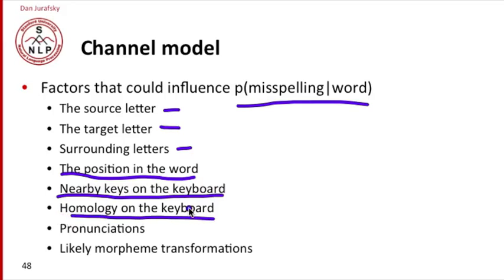We're likely to mistype a word with our left hand third finger by using our right hand third finger. So a key which is on the same finger on the alternate hand is homologous. Or again, we might use pronunciations. We might use these kind of likely morpheme transformations we talked about in the last slide. Lots of possible factors that could influence this channel model.